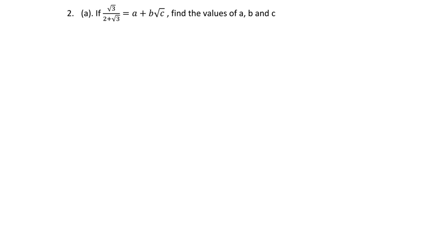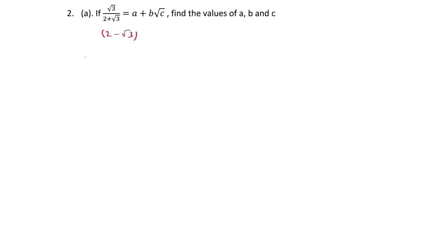Okay, so for this one, first we are going to rationalize the denominator by multiplying 2 minus under root 3 for both numerator and denominator. Something to note is this 2 minus under root 3 is the denominator with the sign changed from addition to negative sign.